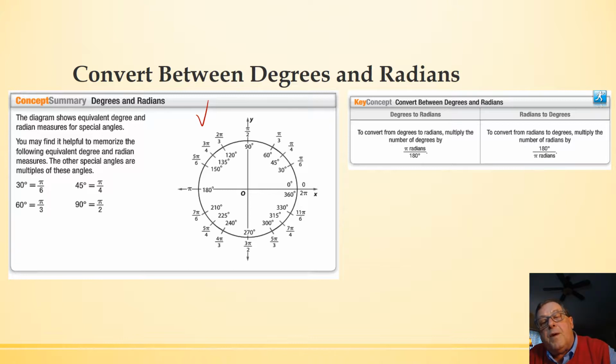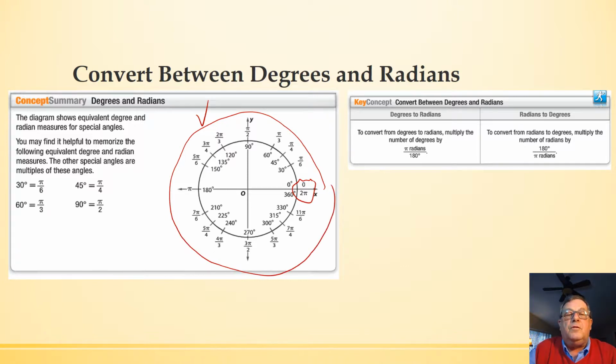And so here along the positive side of the x-axis, we see 0 degrees and 2 pi. And so 2 pi is the measure going from the positive axis all the way around once, one full circumference around the circle. It would be 2 pi radians, just as we might also recognize that as going from 0 to 360 degrees. Now with that, here at what we would consider the 90 degree axis, we see that is pi over 2.